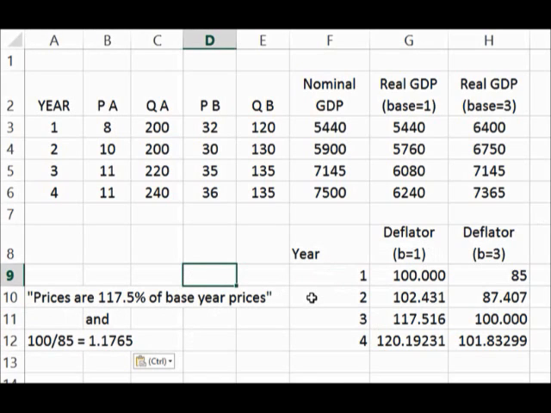If we calculate inflation using the deflators over here, with year 3 as the base year, the amount of inflation between years 1 and 3 would be 100 divided by 85. And while it's not exactly equal, we do find that those measures of the deflator still indicate that prices went up by about 17.5% between years 1 and 3.